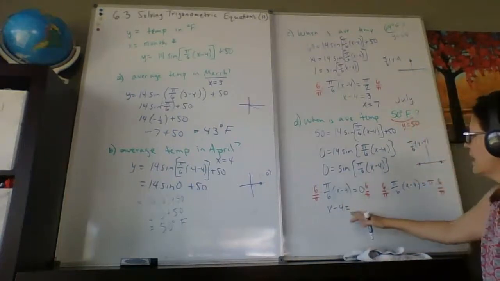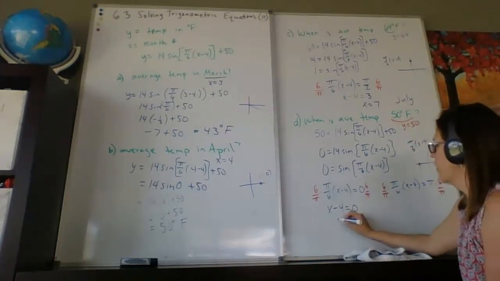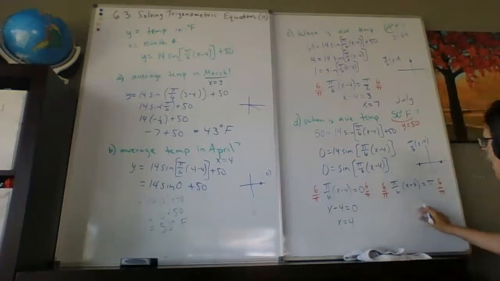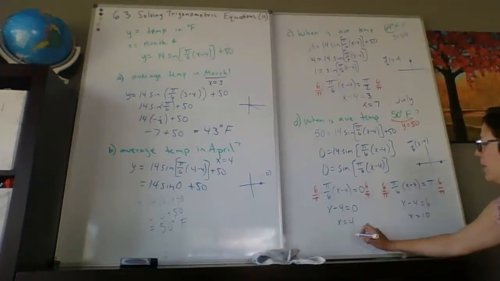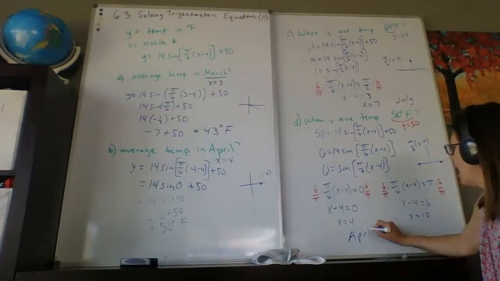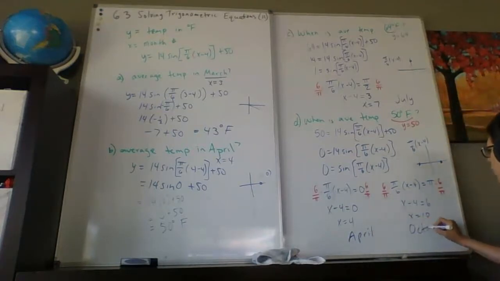On the left, I get x minus 4 equals 0, or x equals 4. On the right, I get x minus 4 equals 6, or adding 4, I get x equals 10. So the 4th month is April, and the 10th month is October. So in this situation, we actually have 2 months out of the year that have the average monthly temperature of 50 degrees. Those are April and October.